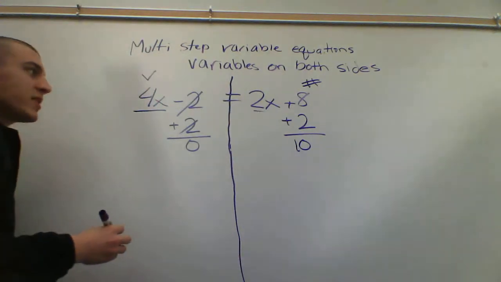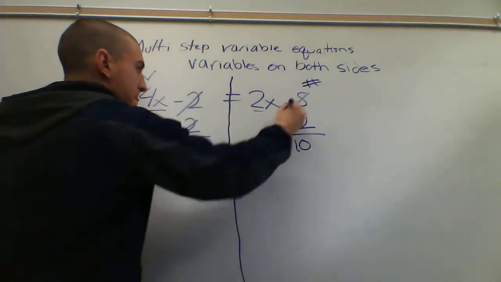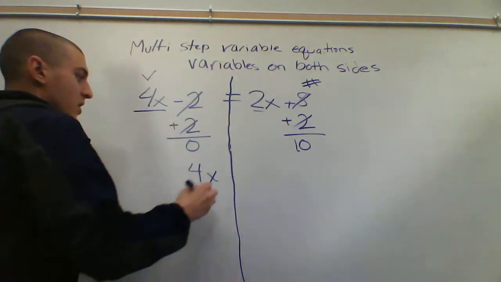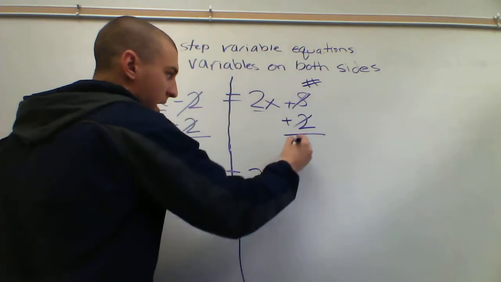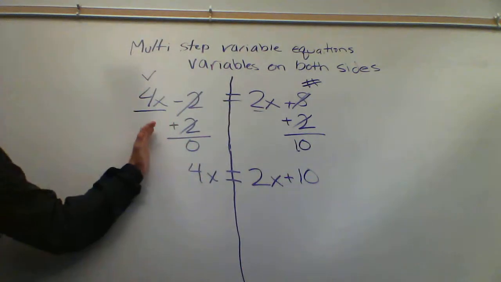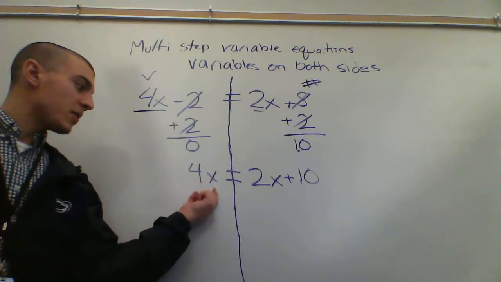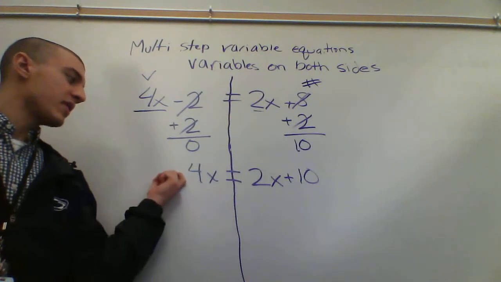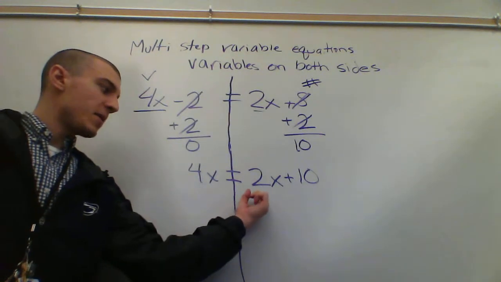So let's bring down what we haven't used. We didn't use our 4x yet. We didn't use our equal sign yet. We didn't use our 2x yet. And we haven't used our new 10. By making it 0 on this side and moving it over to this side, I made it so that there are no longer any numbers on this side, just variables. Now on this side we have a variable and a number.